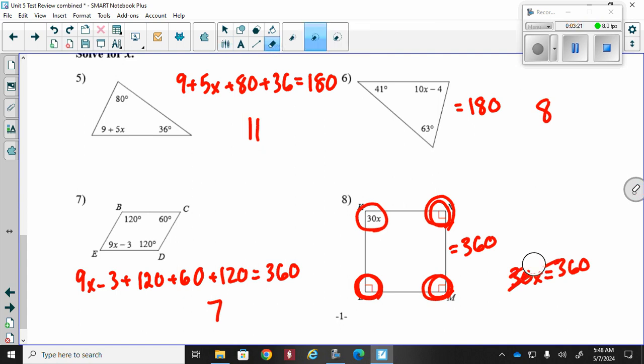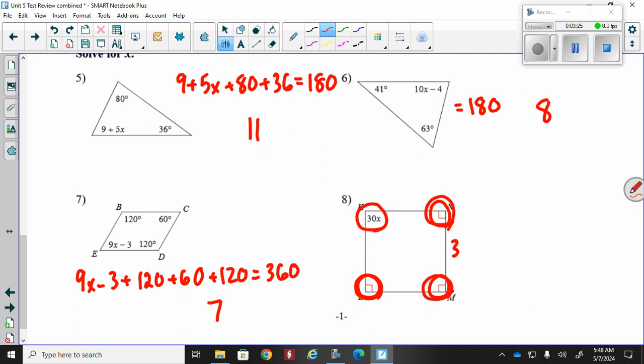So the way that you'd set it up, let me clean this up a little bit, is you would say 30x plus 90 plus 90 plus 90 is equal to 360. I guess you could add up all the 90s and just write 270, but I'm writing everything out the long way so you know what I'm doing. And so the answer for question number 8 is 3.